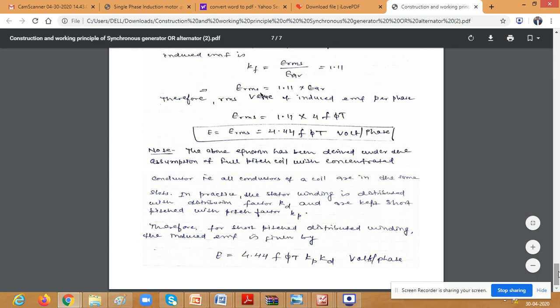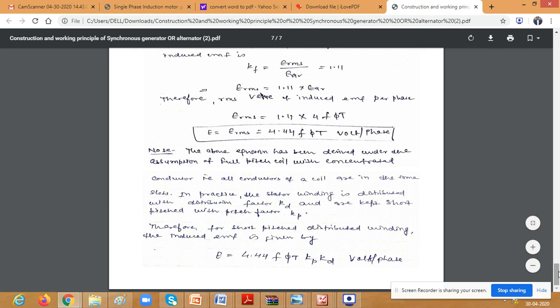In this condition, the above equation is multiplied by the two factors. So for a short pitched distributed winding, the induced EMF is 4.44 f T phi multiplied by the distribution factor Kd and the pitch factor Kp.